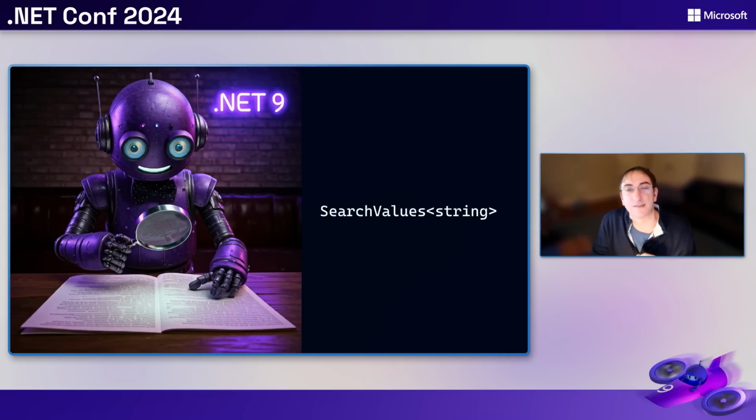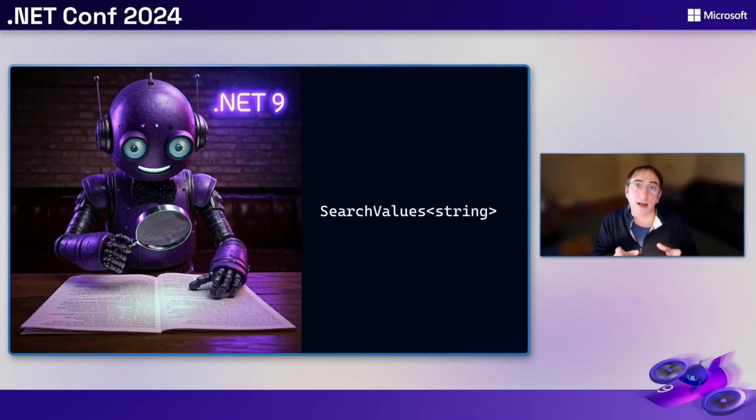But I called that a second feature. That was probably my second favorite feature in all of .NET 8, and that was a new type called SearchValues. SearchValues allows you to do IndexOfAny and IndexOfAnyExcept kinds of searches. But you get to give it ahead of time all of the things you might want to be searching for. And by doing it ahead of time, you allow the system to spend more time figuring out how to optimize for that particular set of data, such that when you later use it, it's got all the stuff pre-computed to be able to do it as quickly as possible.